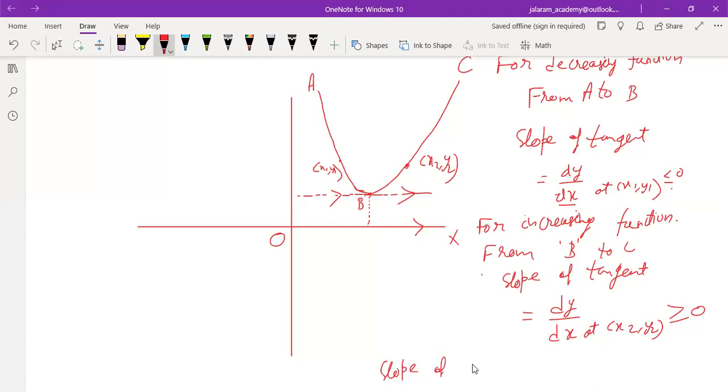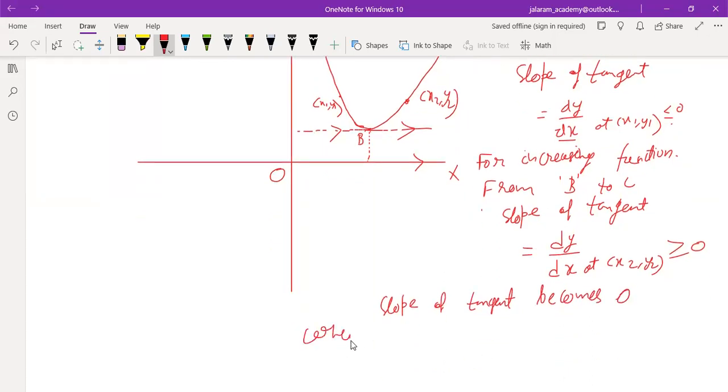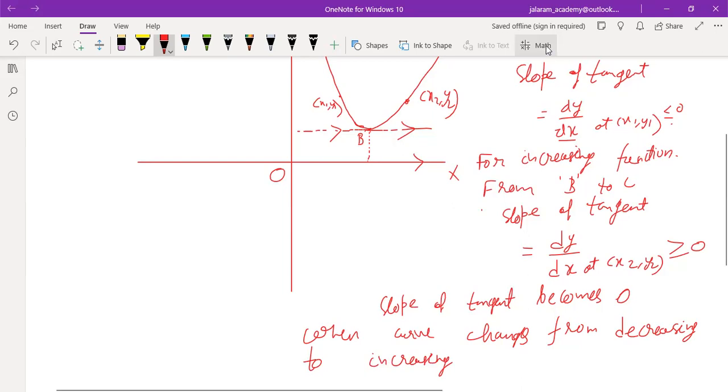Slope of tangent becomes 0 when curve changes from decreasing to increasing. Is that clear to you? Whenever the curve changes from decreasing to increasing, the slope of tangent becomes 0.